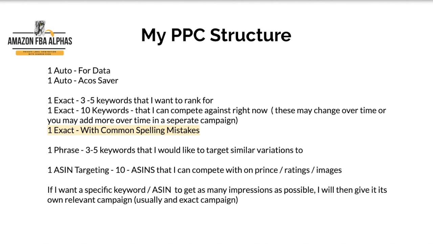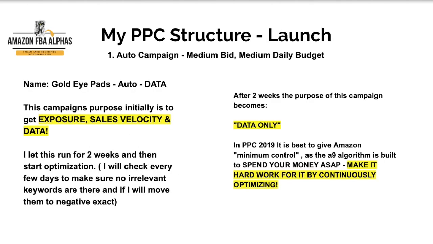That way, it's going to get all of the impressions just for that keyword. Because remember, when you put different keywords into a campaign, the impressions are shared between all of the keywords, and Amazon chooses which one it's going to target. So if you want to boost that rank, give 1 or 2 keywords their own campaign, and then it will get 100% of the impressions.